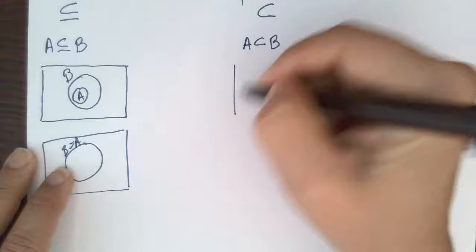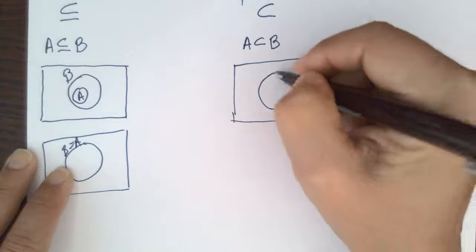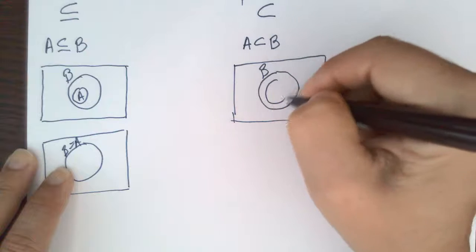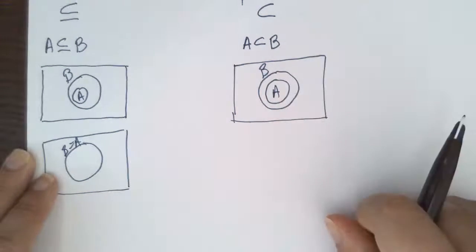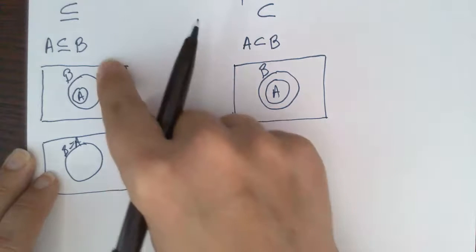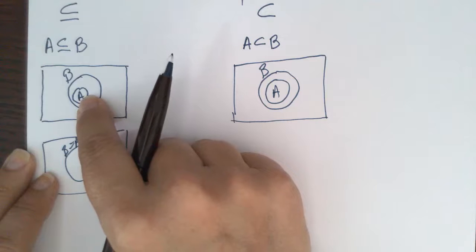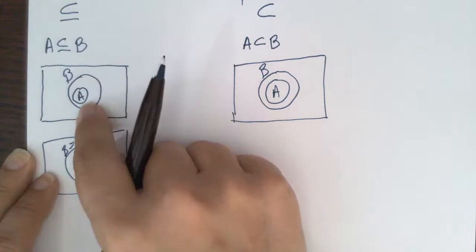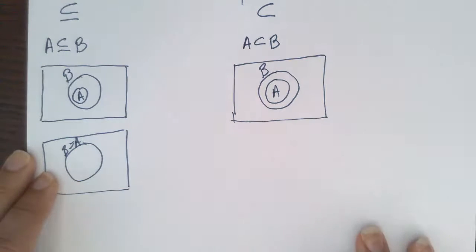Whereas with proper subset, there is only one possibility, that A is contained inside of B. All the elements in A are also in B, but cannot be equal, right? So subset says A can be contained in a smaller version of B, or they can be actually equal to the same. So let's give some examples here.